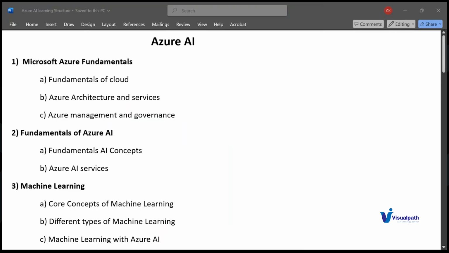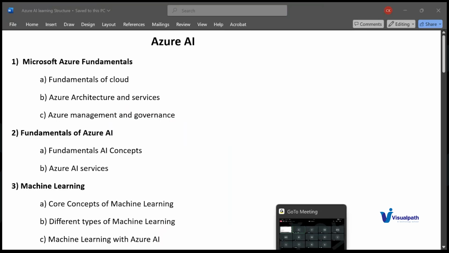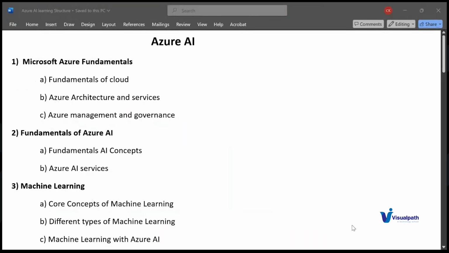The timing of these sessions? Mostly it will be during the evening, either 7:30 to 8:30 or 8 p.m. to 9 p.m. It's all about how many students are enrolling for this course and what time they prefer. Based on that, the time will be finalized.